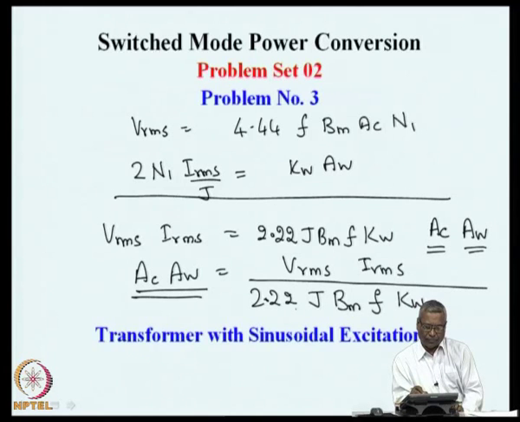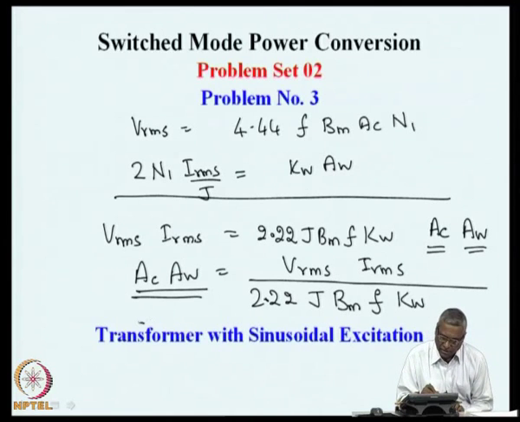In the square wave excitation, we were getting 2 in this place, and in sinusoidal excitation that number is 2.22. This is the difference between sinusoidal excitation and square wave excitation.